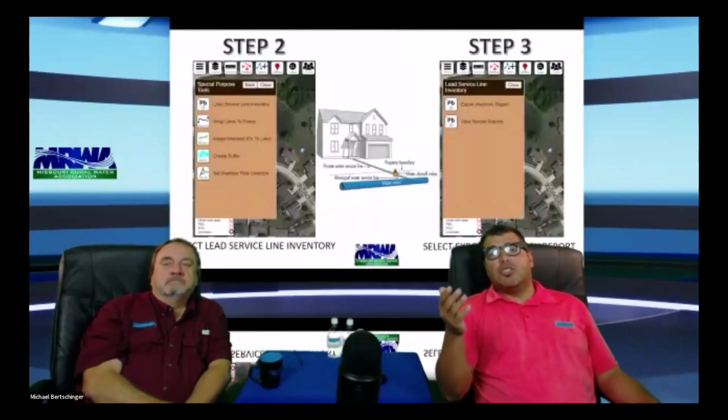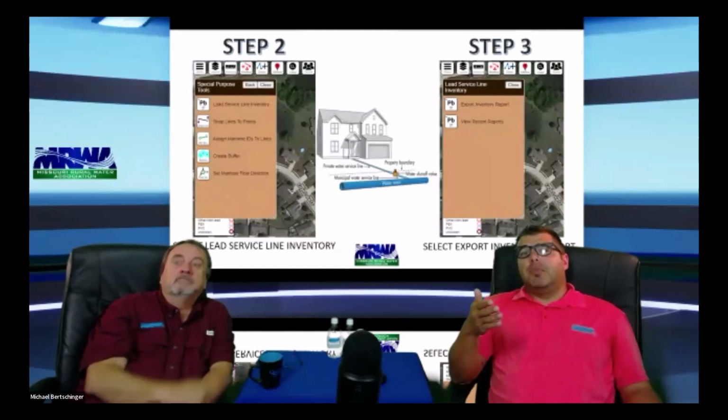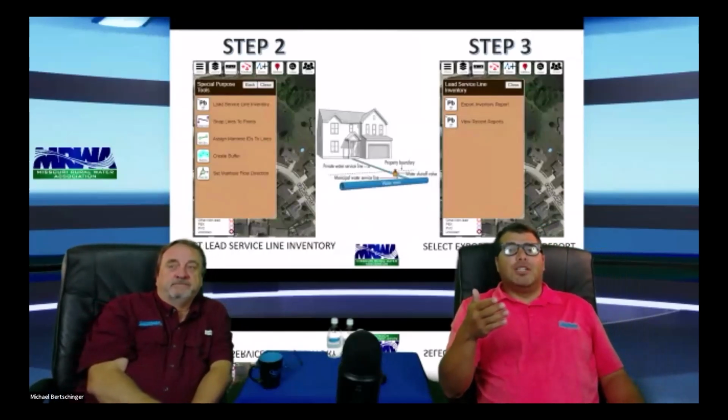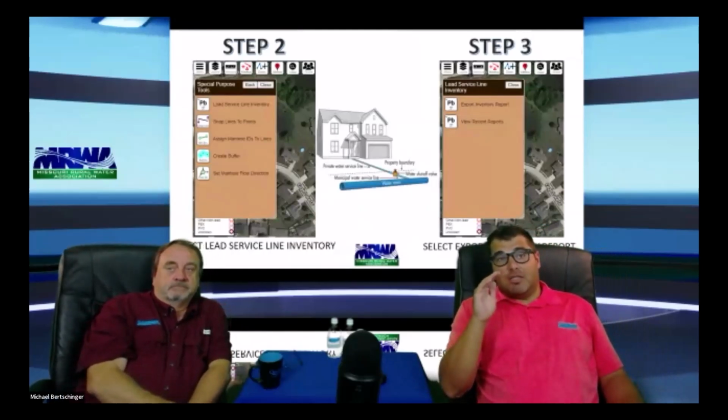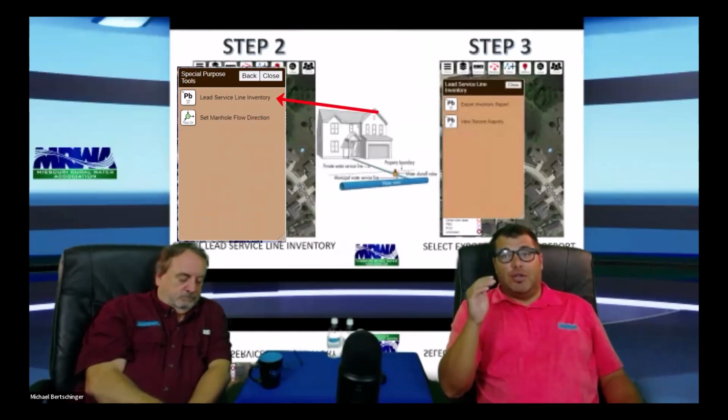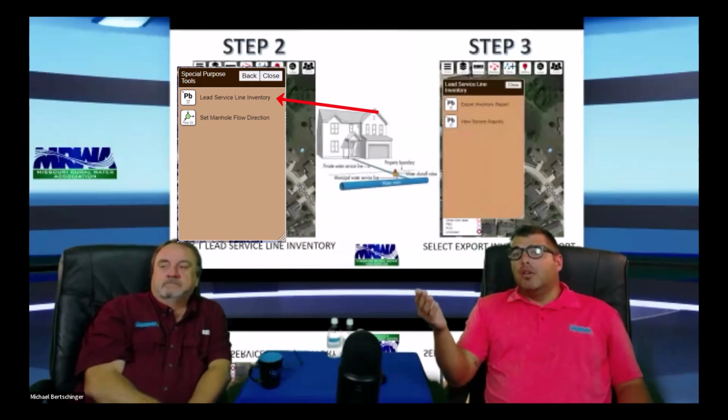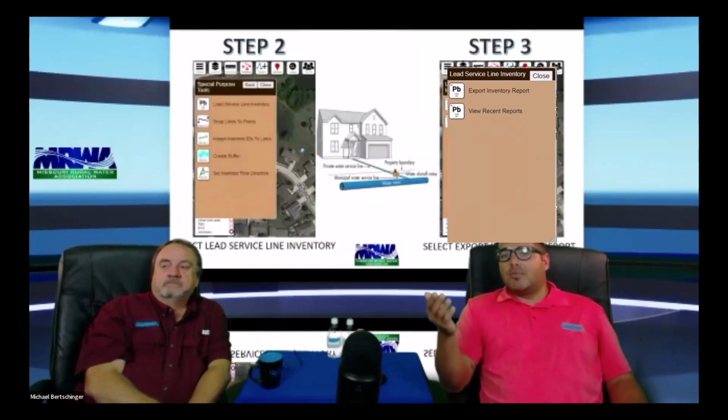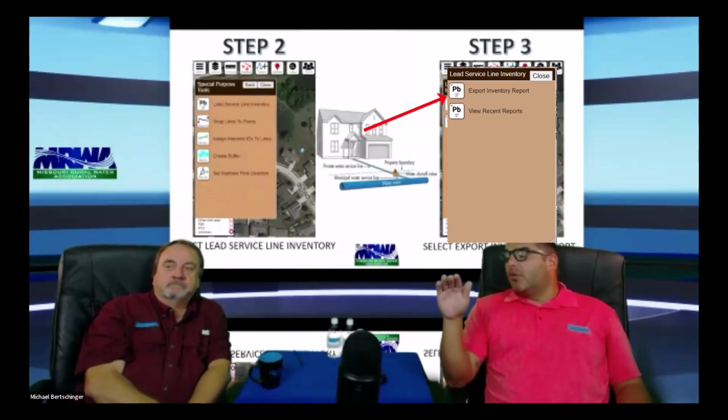Once clicked, it's going to show up with the box under step 2, where you will want to select lead service line inventory. Once selected, box 3 will show up: view recent reports or export inventory report. You're going to want to export inventory report.